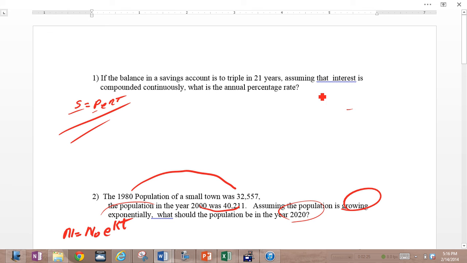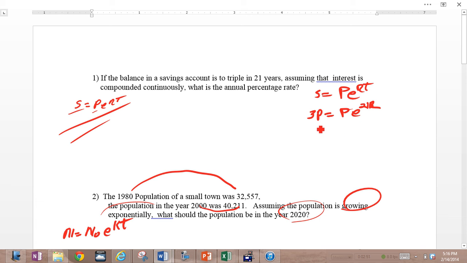Our equation, S, the future value, is equal to the original amount of principal, P, e to the power rt. Since we want to triple, our new quantity is going to be 3P, which is P e to the r, which we don't know, times the time. So we'll just put it as 21r.